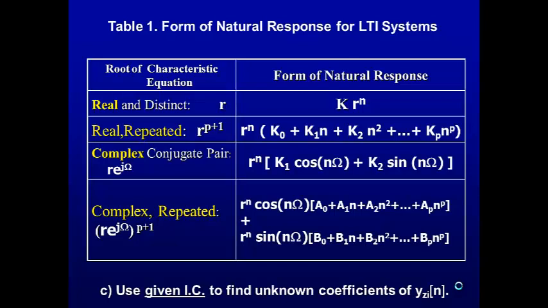Zero input response. Okay. So we took the difference equation, we found the characteristic equation from it using the delay operator, substituting for the delayed values of y. We only took the y side. We took that characteristic equation, set it equal to 0, found its roots. The roots told us from the table what flavor we had for our natural response or our zero input response.